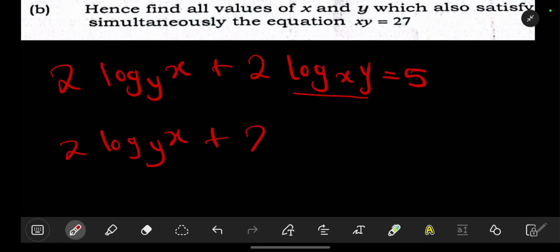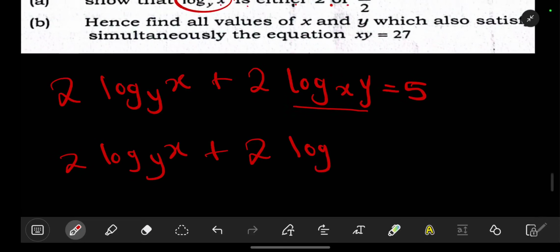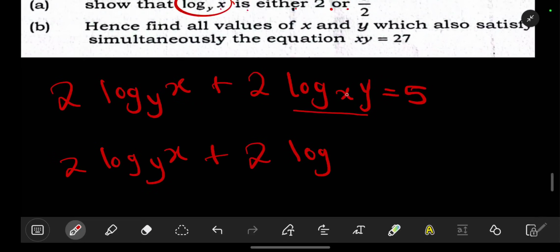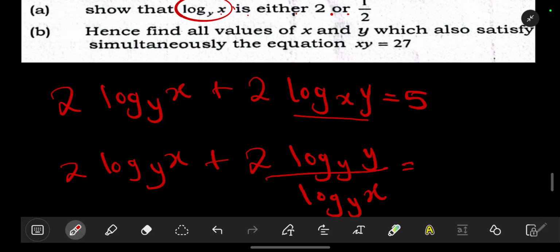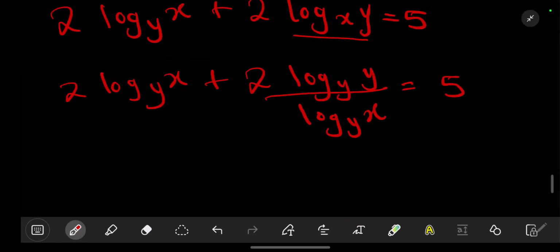So this one is the same as 2. Then we are going to have our log of, we want y to be here, so we are introducing log base y. Then we have the outside is y over, we have the log base y, the inside is x. So this should be equal to 5 like that.